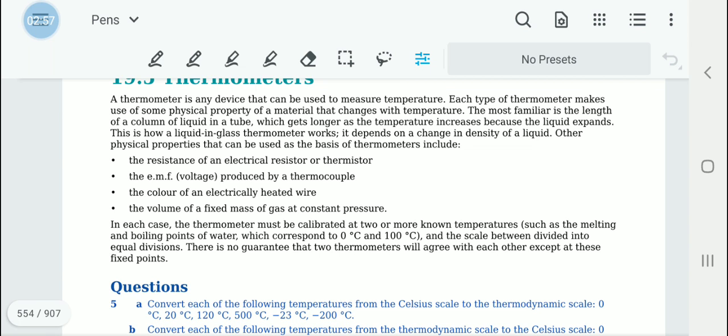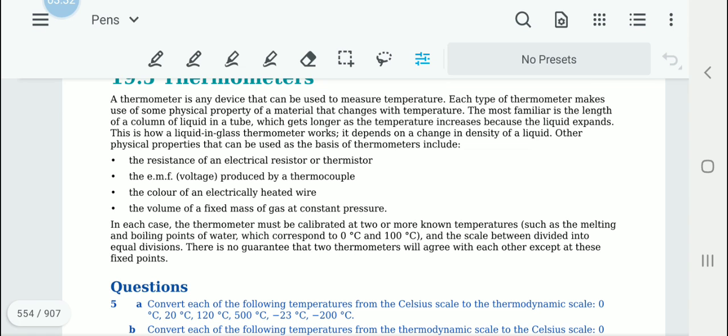If something is calibrated between 0 and 100 degrees Celsius, and we get a measurement of 50 degrees Celsius, we cannot guarantee that it is truly 50 degrees Celsius, unless it is linear.